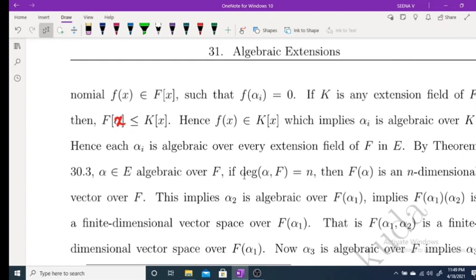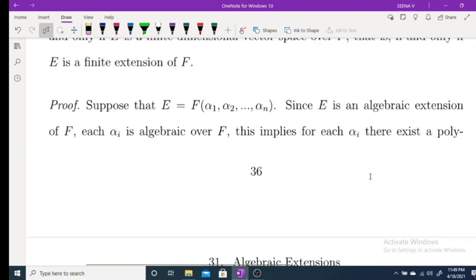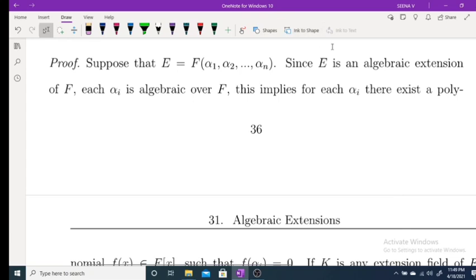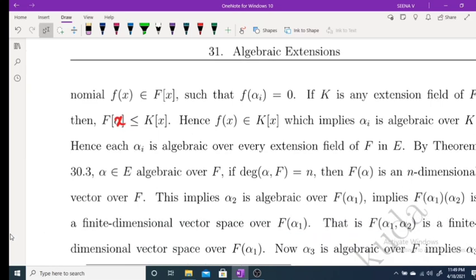If the degree of alpha over F is equal to n, then F(alpha) is an n-dimensional vector space over F. Now by theorem 13.3, F(alpha) is an n-dimensional vector space.